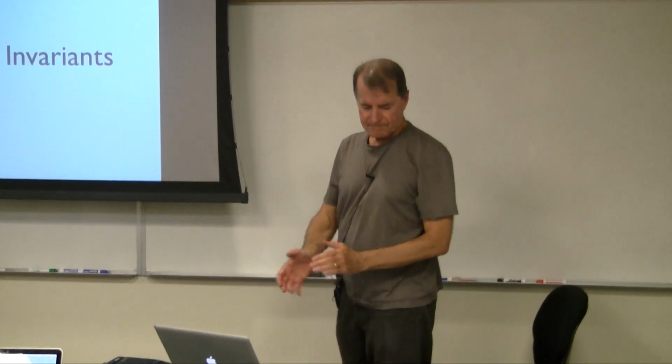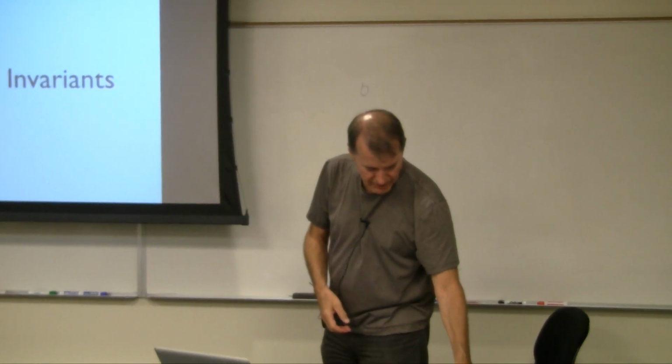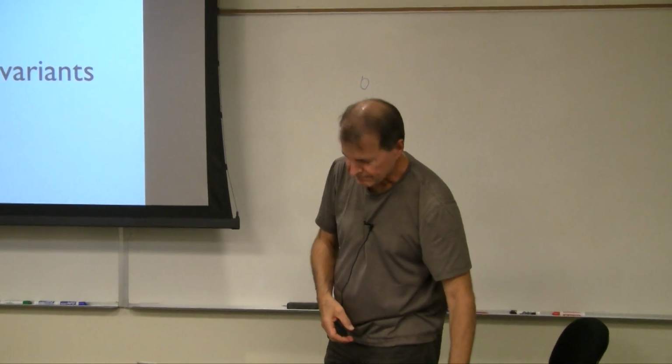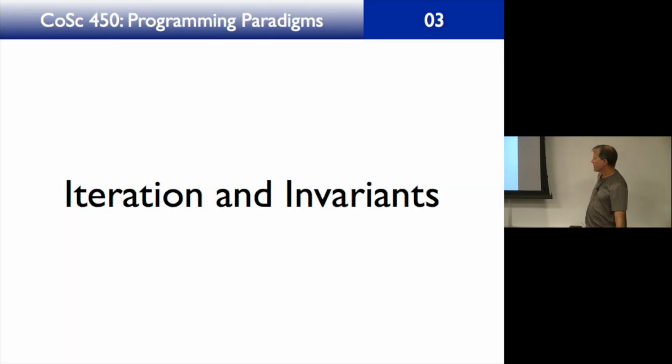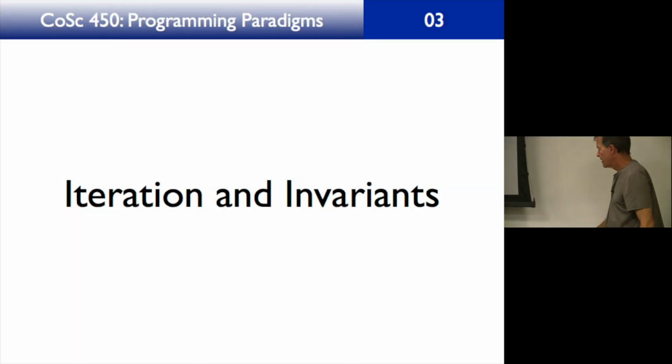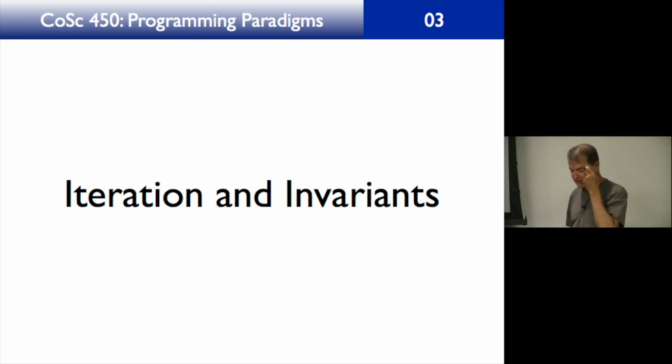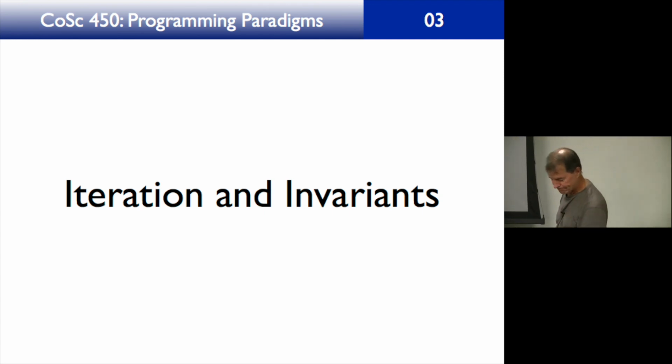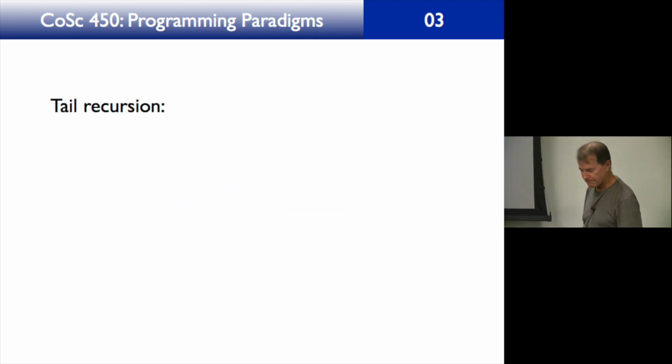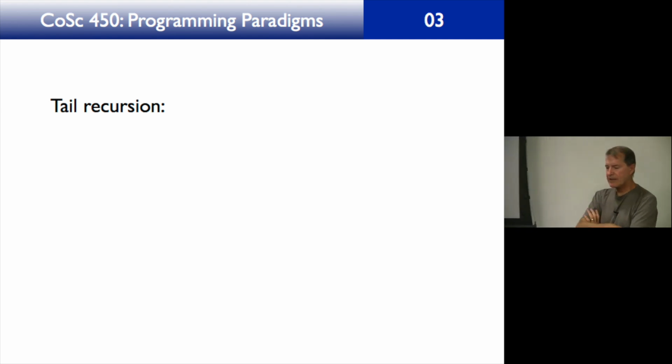So, let's begin then chapter 3. Now the title of chapter 3 is Iteration and Invariants. And the first thing we're going to do is talk about the terminology. The topic in the first part of this chapter is what we're going to call tail recursion.